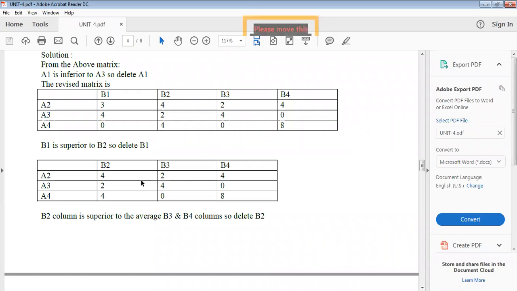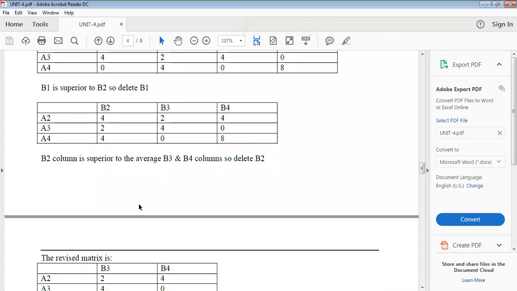So therefore, row wise it is not working. Previously, rows A3 and A4 were added and the average was calculated, and therefore 3, 4, 2, 40 and 8. 4 is coming, 2 is coming, and 3 is coming, and therefore the first row is dominating. Like that we have done.